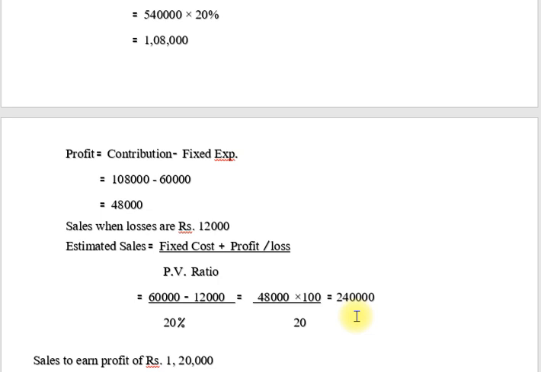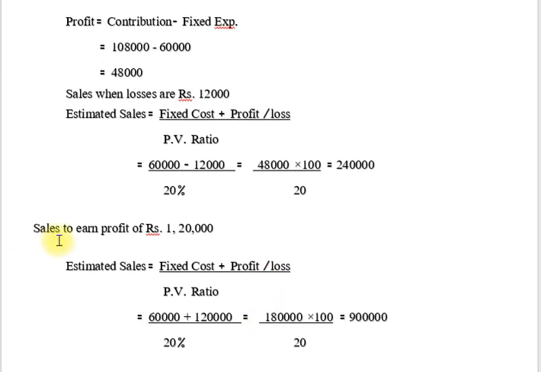Now friends, I am going to our next point: sales to earn a profit of rupees 1 lakh 20,000. If you want to earn rupees 1,20,000 profit, how many rupees of sales do you need? Again we use the estimate sales equation. Estimate sales is equal to fixed cost plus profit or loss upon PV ratio.